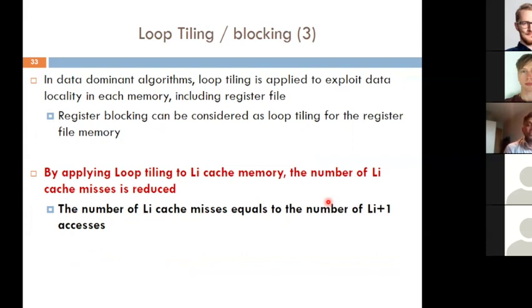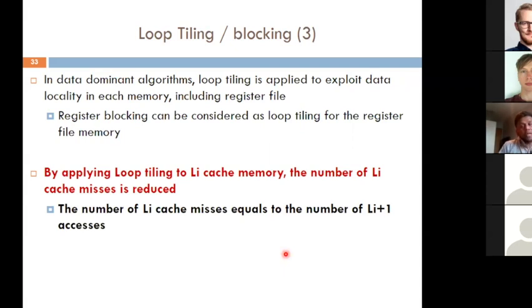Performance is bound by, for example, the memory hierarchy. Memory is going to be slow and the CPU is fast. So arrays take a longer time to be loaded from the main memory to the cache and the CPU. If the array can fit in the cache, the program is faster, and applying loop tiling is very useful in that case.